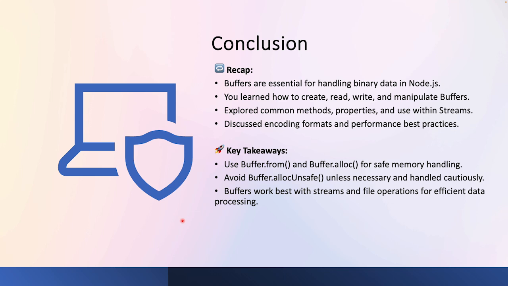The key takeaway is Buffer.from, Buffer.alloc, and Buffer.allocUnsafe. These are the three methods to create a buffer, and then there are certain methods which can be used to compare, copy, and slice the buffer, and internally streams use the buffer as their key mechanism.